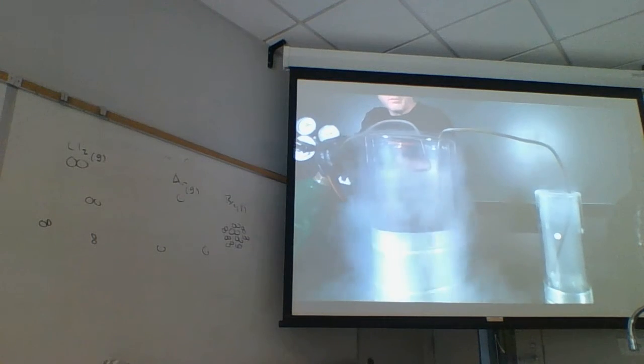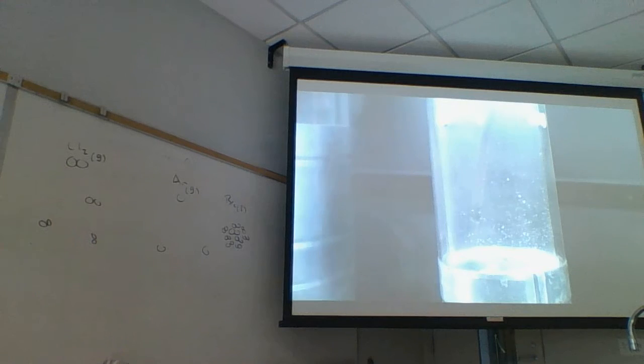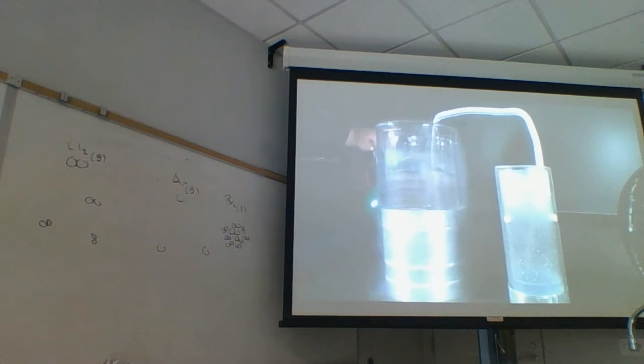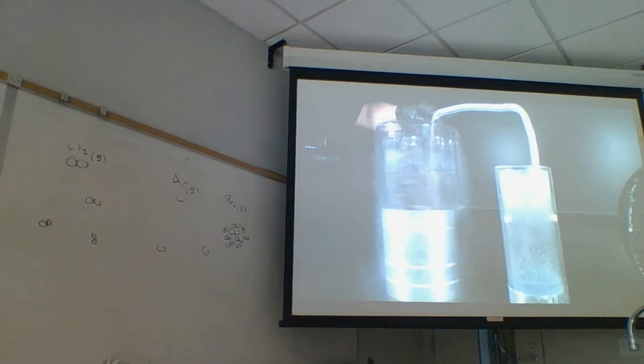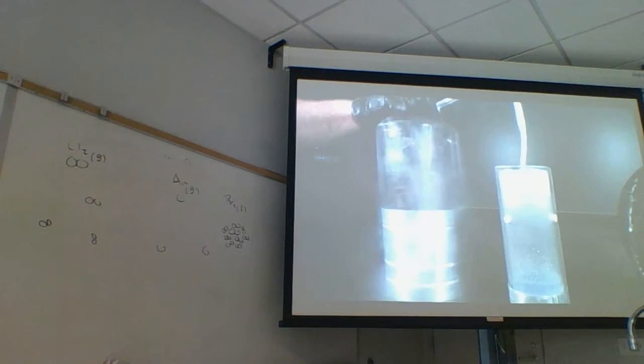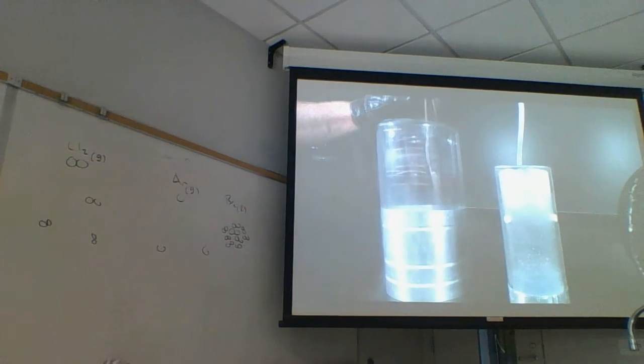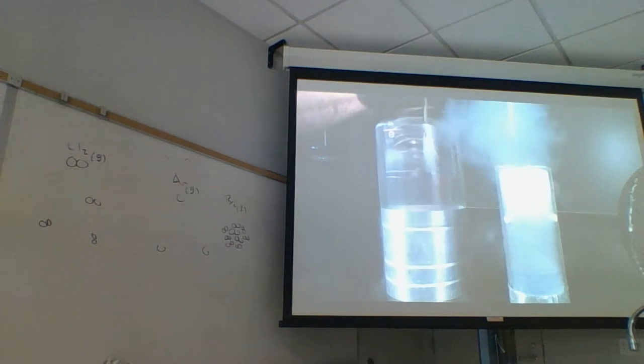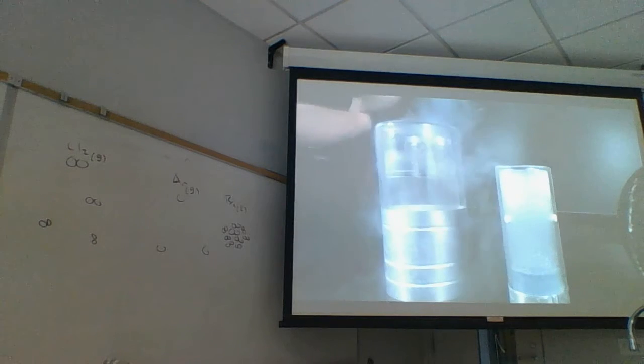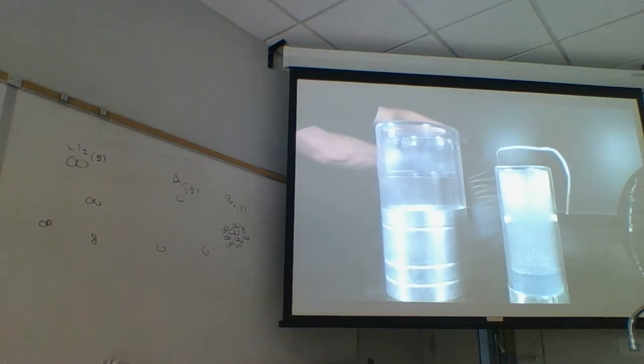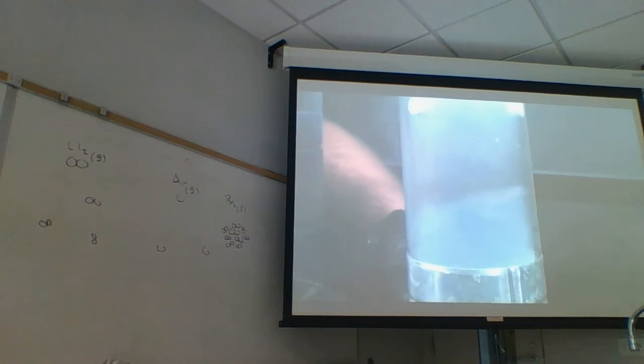Liquid nitrogen is about 95 Kelvin. You have to get it colder than that. The ice crystals are just forming from humidity, moisture in the air. Wow, they got a lot of liquid oxygen. That's called a dewar.